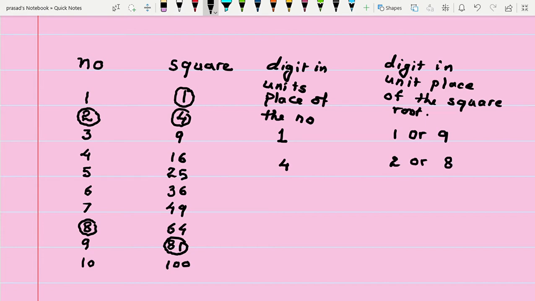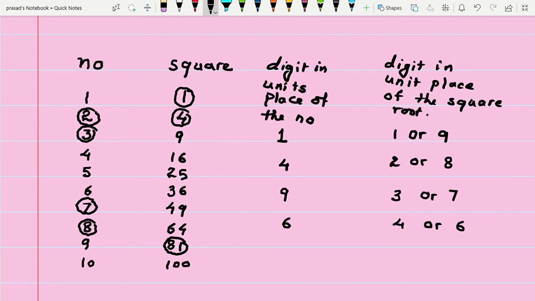Now if the digit in the units place of the number is 9, the square root can end with 3 or 7. Similarly, if the number ends with 6, the square root can end with either 4 or 6.